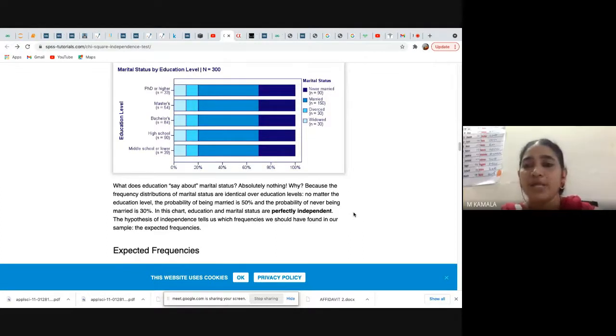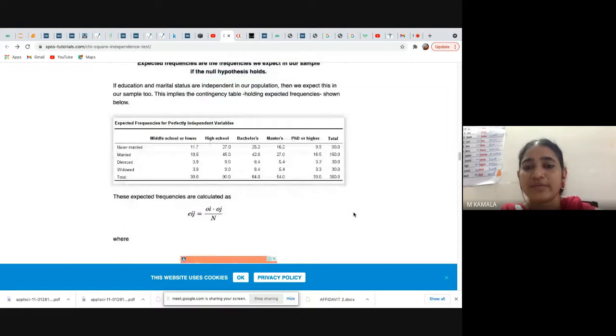Okay. Now we calculate the expected frequencies. As we have seen, your expected frequencies are calculated with the observed row total, column total, divided by n.